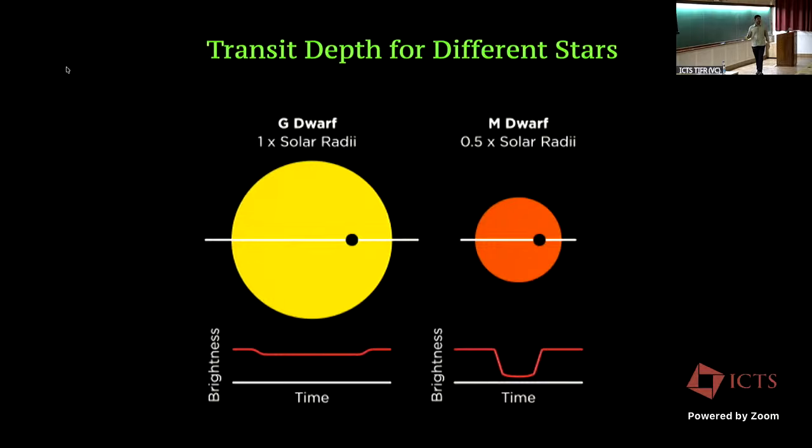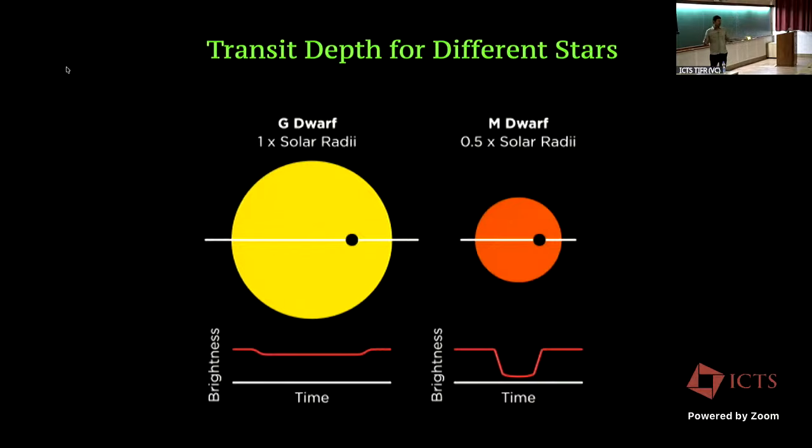So, transit depth for different stars. This is important because it is a ratio of the planet and star radii. The transit depth of a smaller planet on a bigger star will be much smaller compared to the same planet if you decrease the size of the star, essentially for an M dwarf.